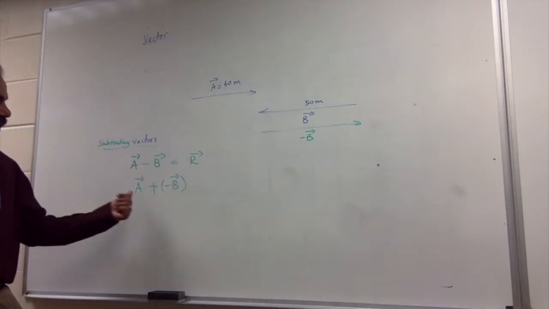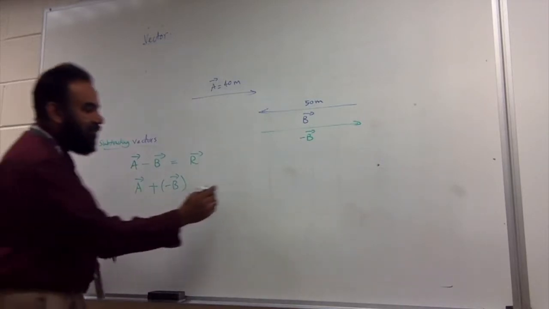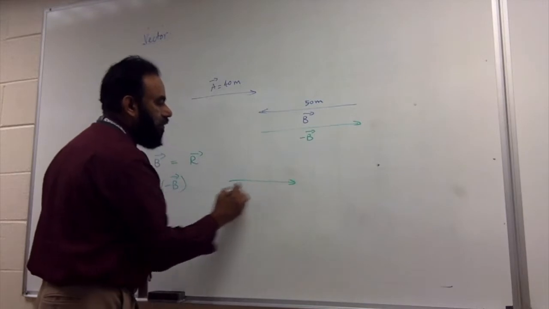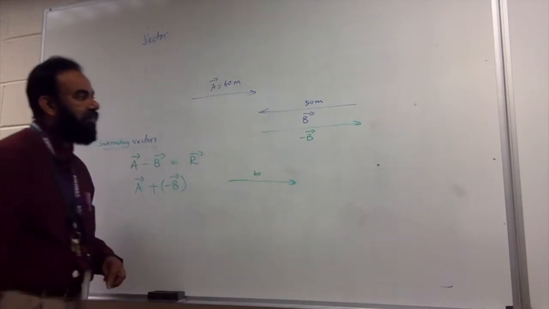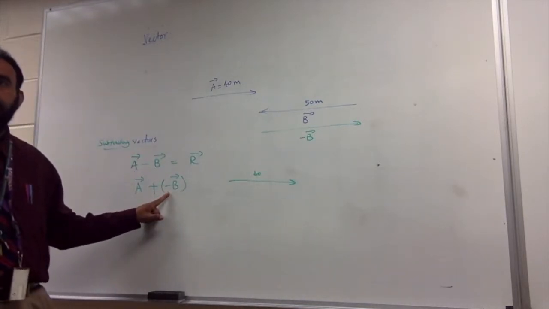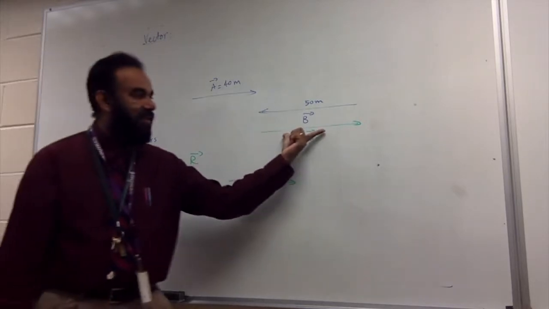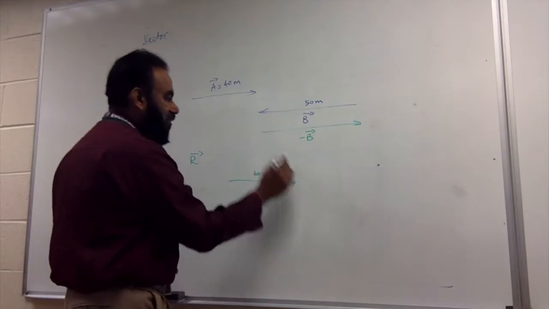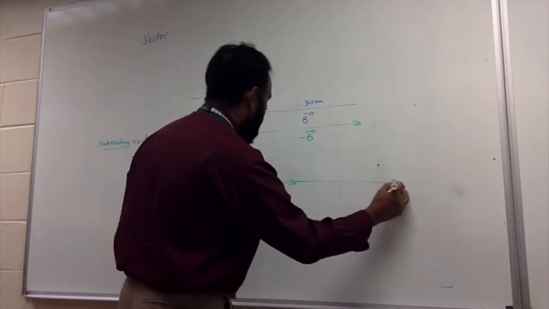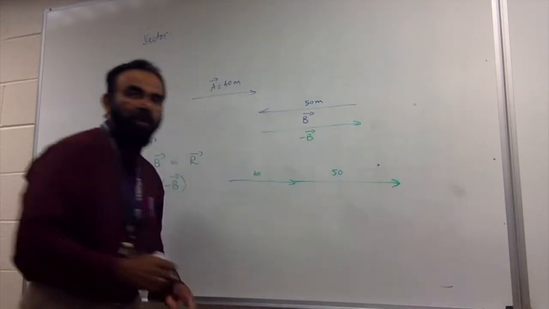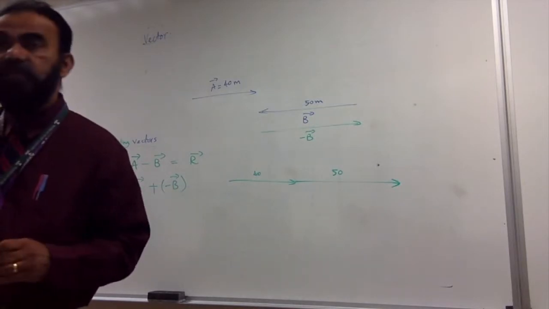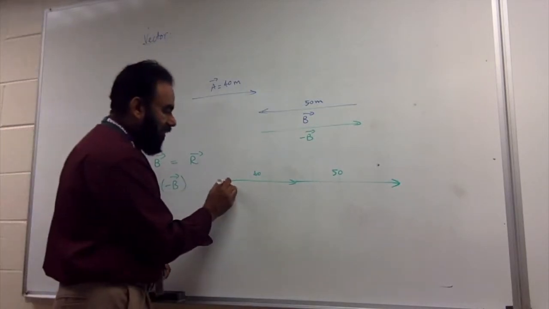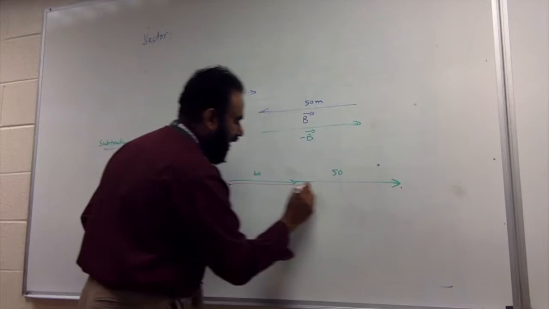So what I'm going to now draw is first A, that one. That's 40. And then I will attach to it minus B. Basically, I'll cut and paste this right there. So I have to take this tail and join it here, and there it is. So where is the ultimate tail and the ultimate head? Here and here. So join that line.